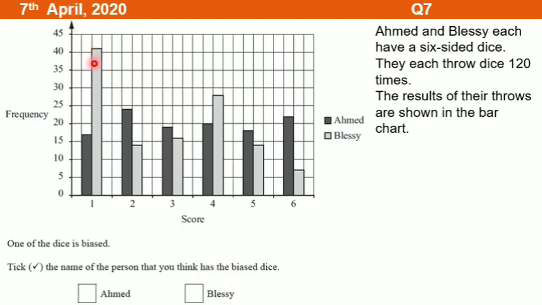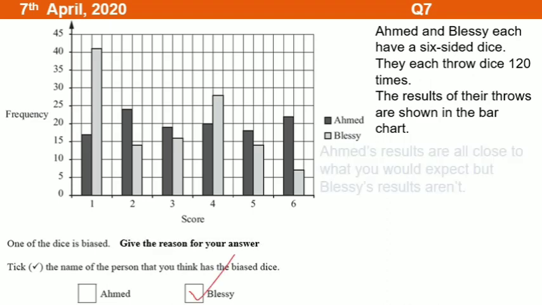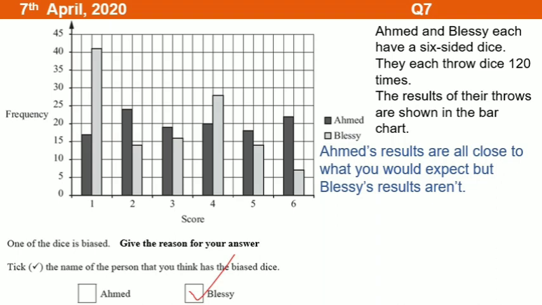As we can see in here, Ahmad has the more constant result. So we can say that Blasi's dice is biased. Why? There are many types of reasons in here. For example, you can write Ahmad's results are close to what you expect, but Blasi's results are not. What do I expect in here?